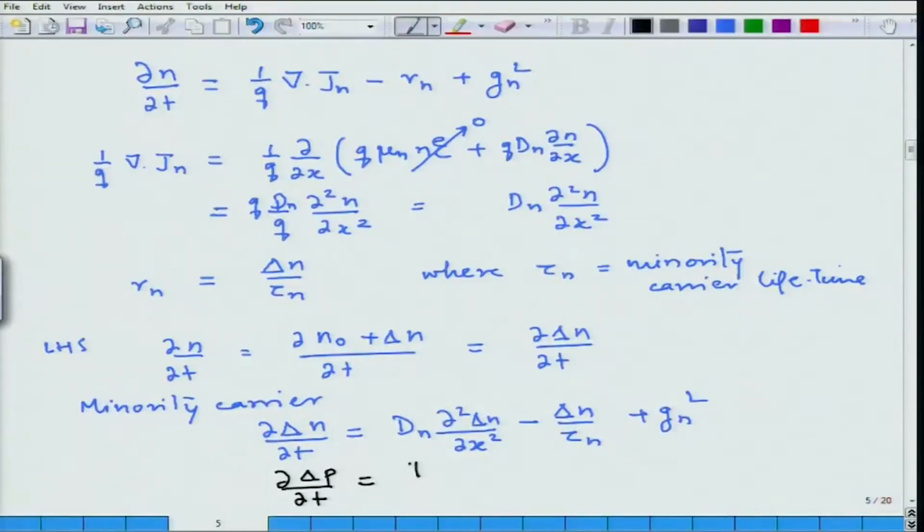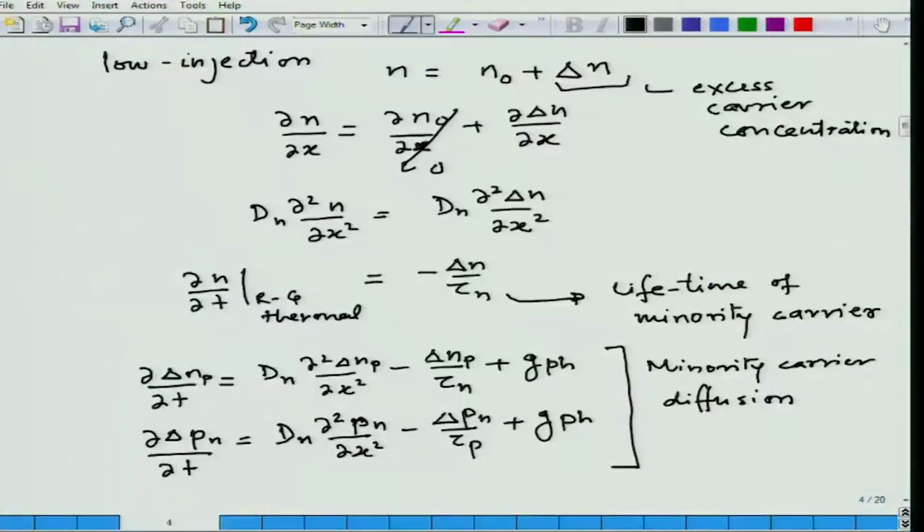This equation will be written as dP for excess hole concentration, given by... so these two equations are for minority carrier continuity equation, which would be solved for many situations.